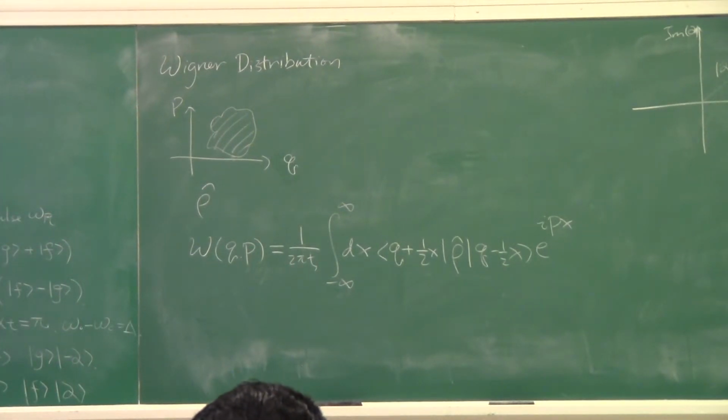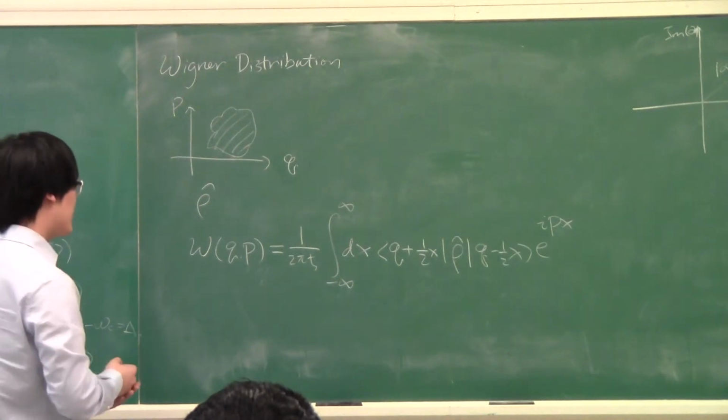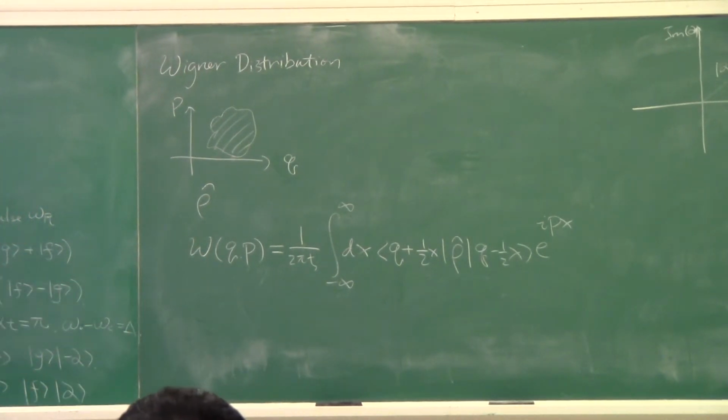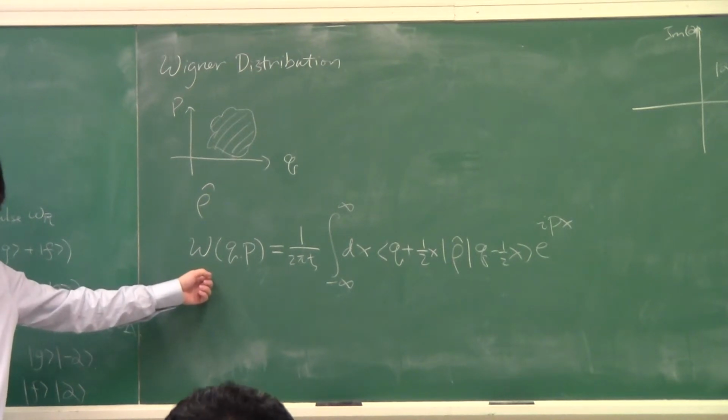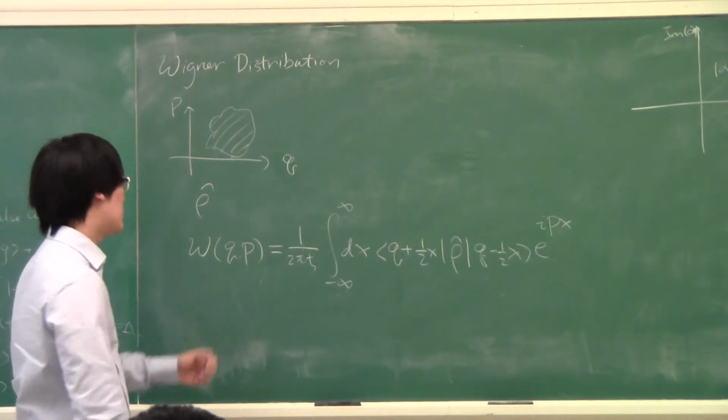Now, how is this related to a classical distribution? And why is this important? Some properties of the Wigner distribution are already apparent from its definition. First of all, consider taking the conjugate of this.